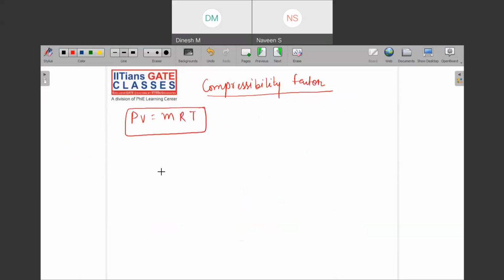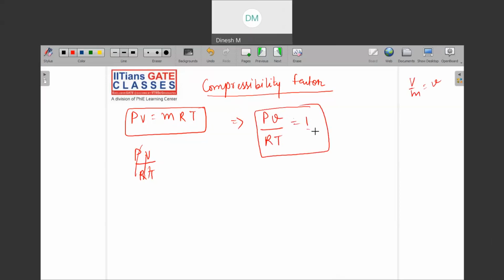So this is trying to depict that PV upon RT. If I take it in terms of specific volume, then can I write P into specific volume upon RT, where V upon M is specific volume, right? And for an ideal gas, this is equal to 1. Can you see that this value is equal to 1?